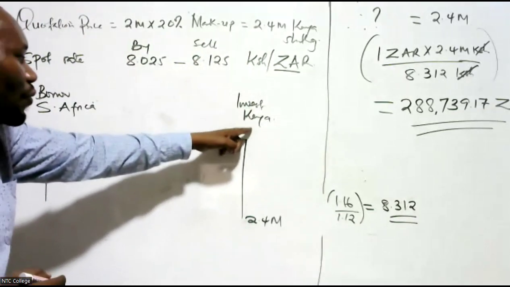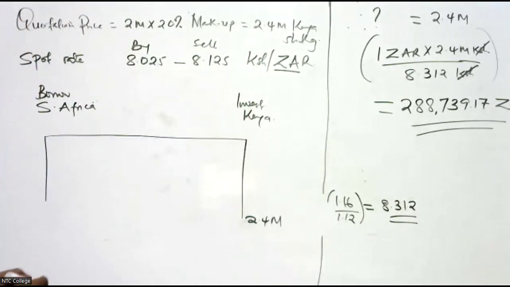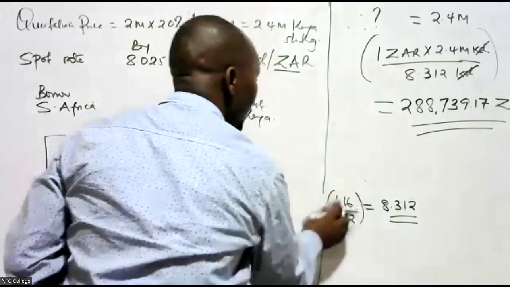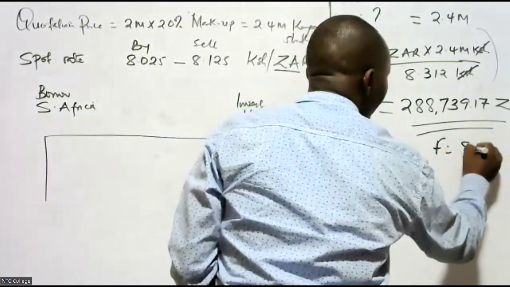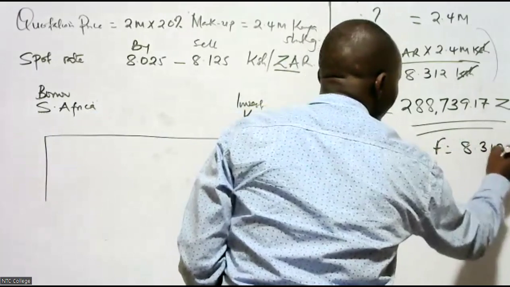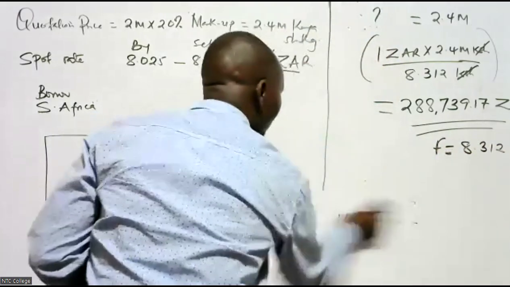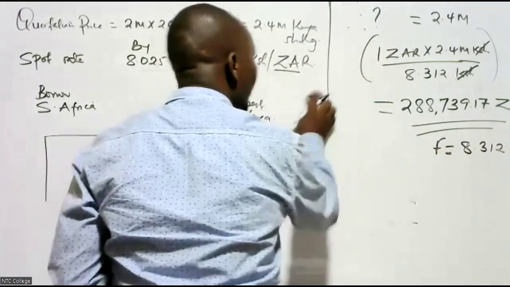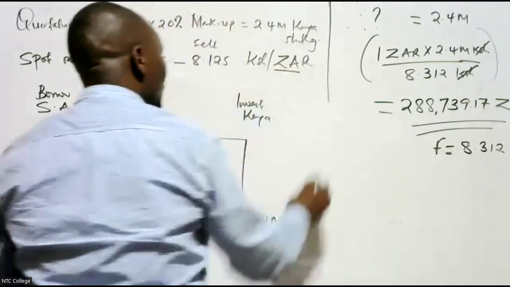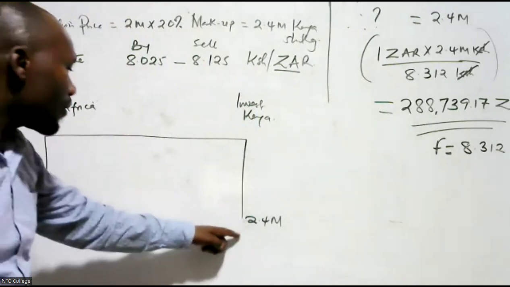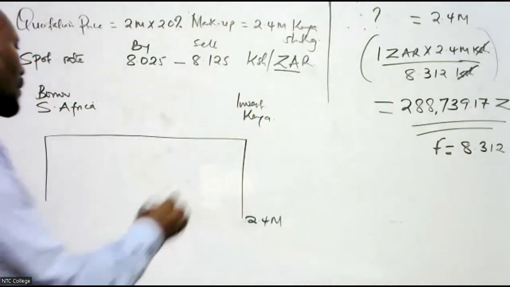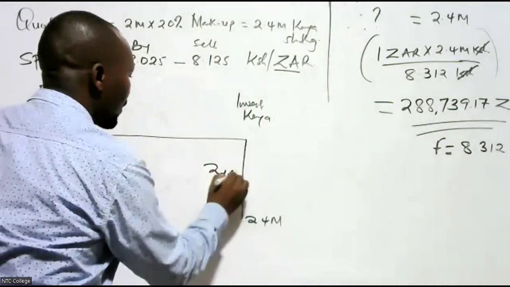So it means that you need to look at the lending rate. Wacha hii niweke hapa, hii ni forward rate, 8.312. So how much do I need to invest in Kenya to give me this amount in 2 years time? This is 2 years, after 2 years.